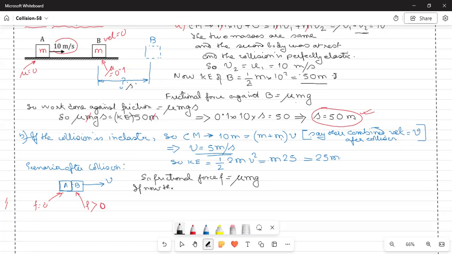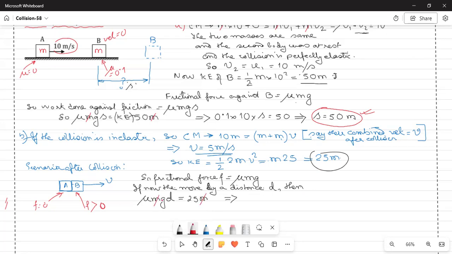Now, if they travel a distance, say d, then the work done is mu m g multiplied by the distance d, which is equal to the kinetic energy 25 m. What do we get from here?